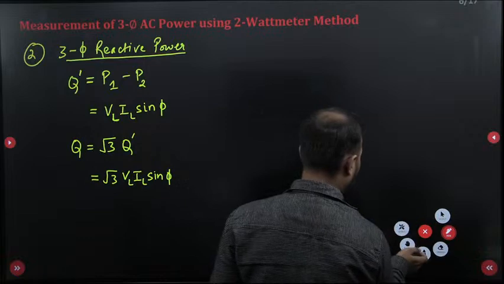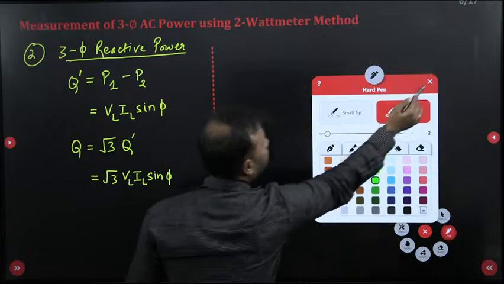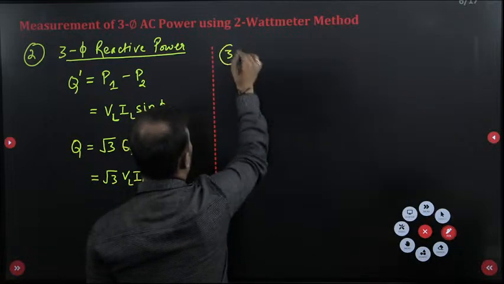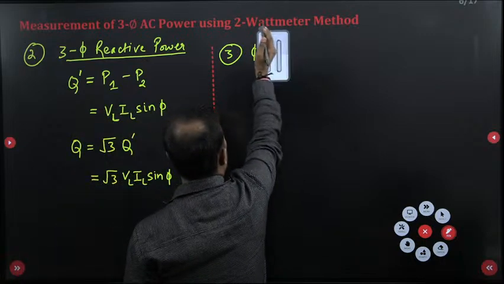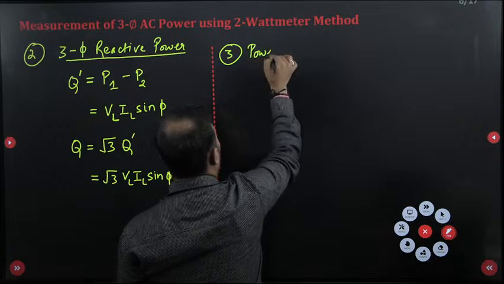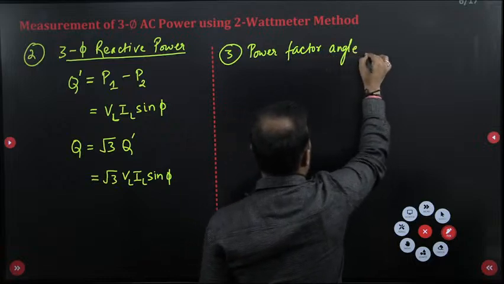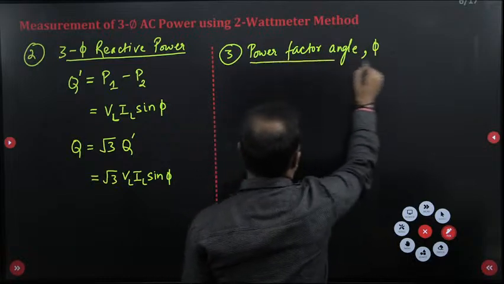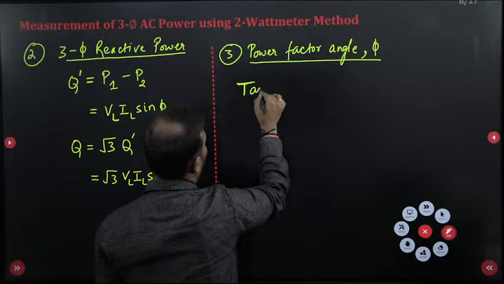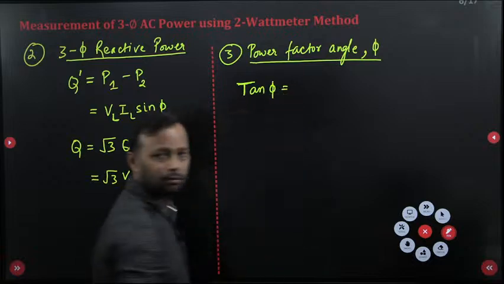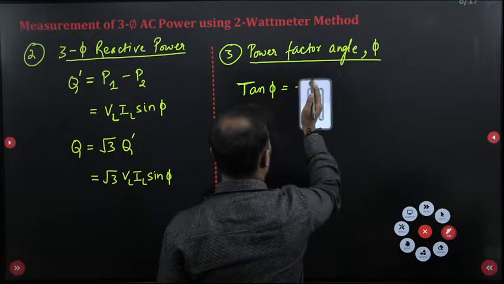So the next value that we can get is the power factor angle phi. How to calculate this? Let me write it. Power factor angle, which is phi. Okay. So let us divide the reactive power by the real power, so that we'll get what? Tan phi. Tan phi is reactive power divided by real power. So reactive power is what?